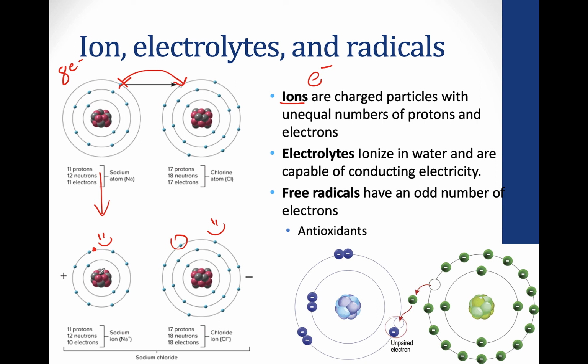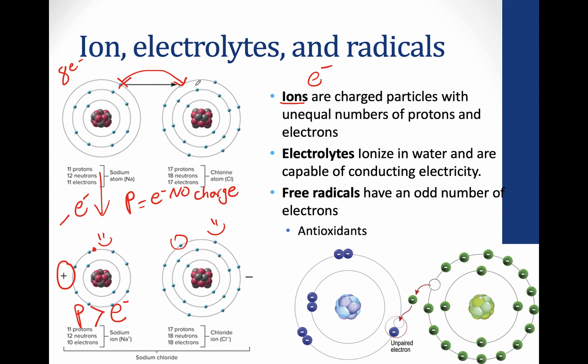Remember that protons have a positive charge, and electrons have a negative charge. So if the number of protons is equal to electrons, then we have no overall charge. But if I get rid of an electron, so I remove a negative, I'm going to end up with a positive charge, because now my protons are greater than the number of electrons.